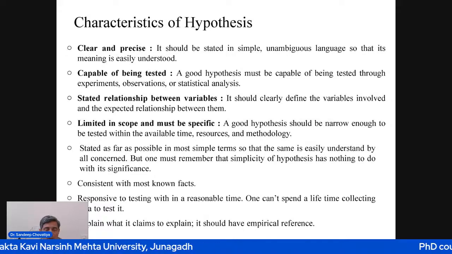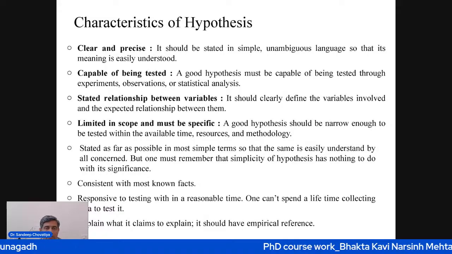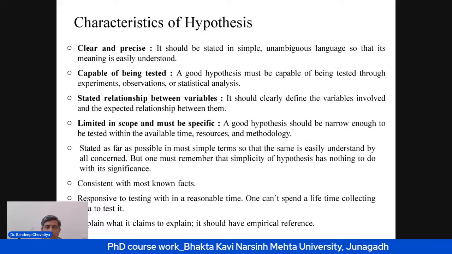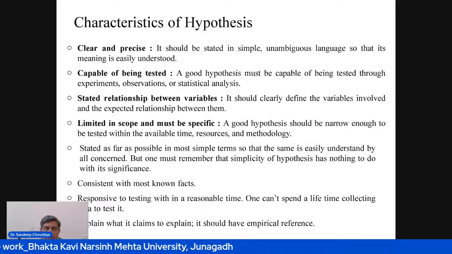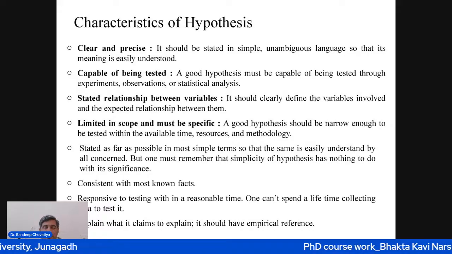For example, many researchers have an ambitious nature: I will achieve this much, I will achieve that much. But when we design the hypothesis, we have to think whether we can reach there in a certain period of time.